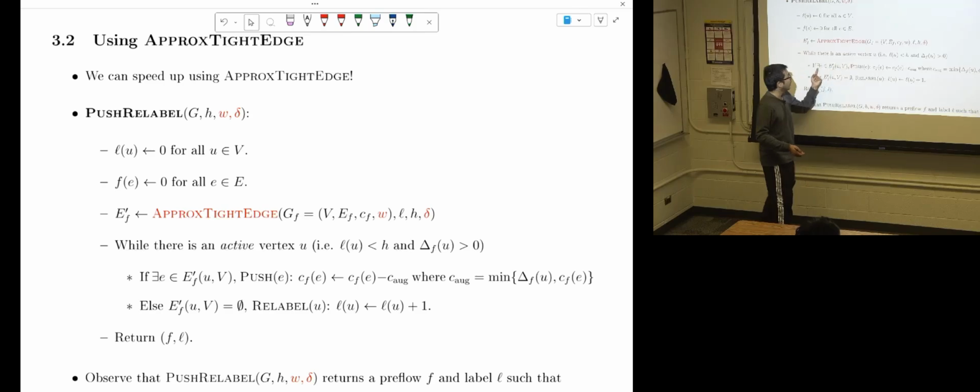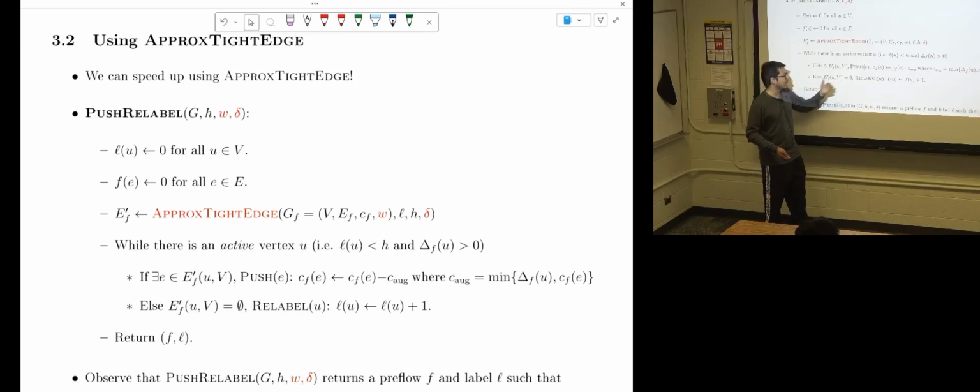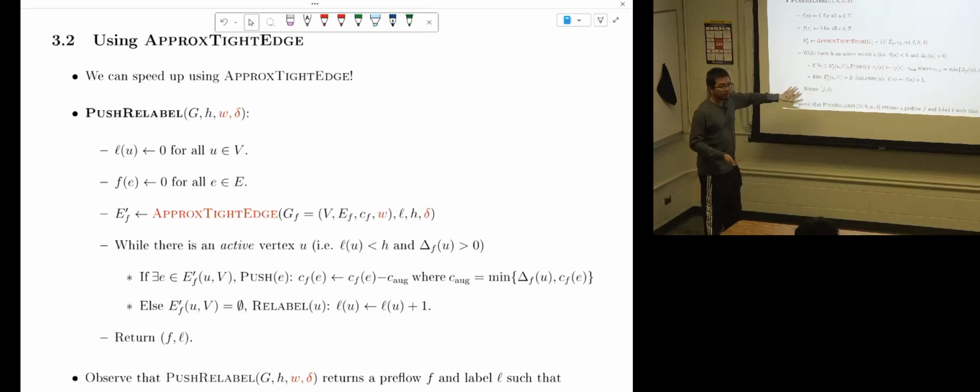Push flow along TightEdge. This is TightEdge in the residual graph. And if there is no TightEdge, you just relabel. Okay. All right. So that's the algorithm.